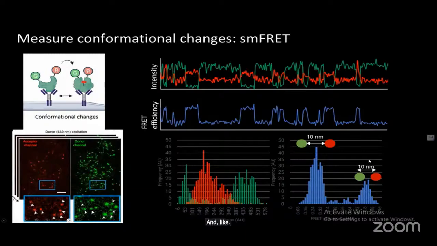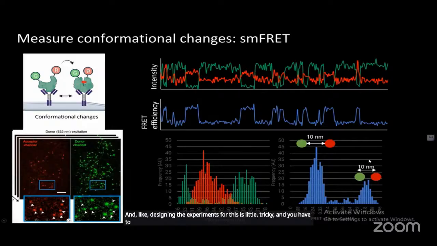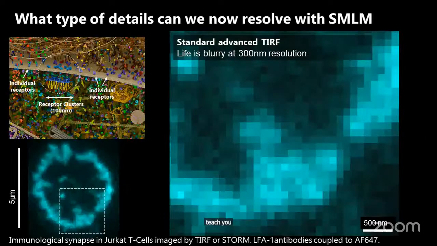Designing the experiments for this is a little tricky, and you have to orient your molecules in the right fashion. Only then does the experiment work. smFRET is a relatively small community, but a very helpful one. People do share their experience and will teach you how to do it.